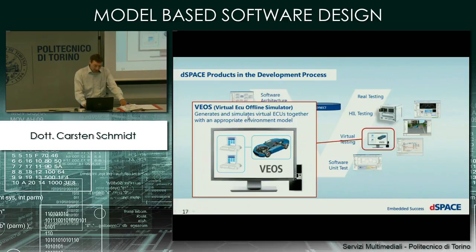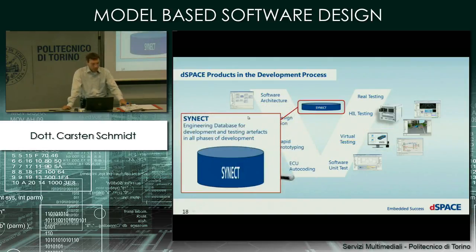Okay. And to finish this overview, there's one final product that's somewhere found in the middle. This is SYNECT. SYNECT is basically a database that can store development and testing artifacts from all phases of development here.